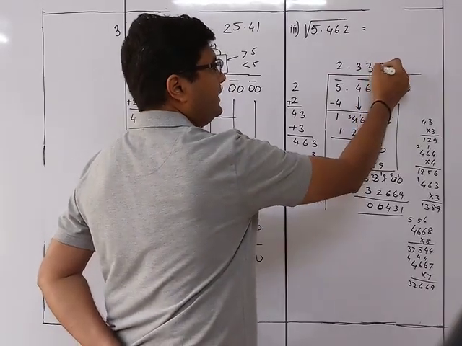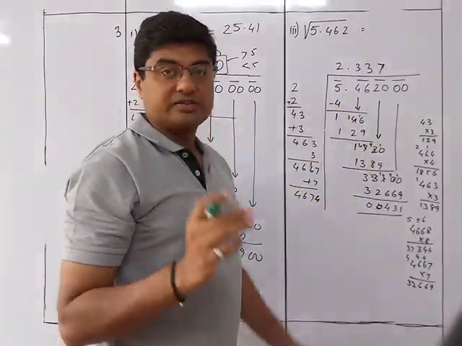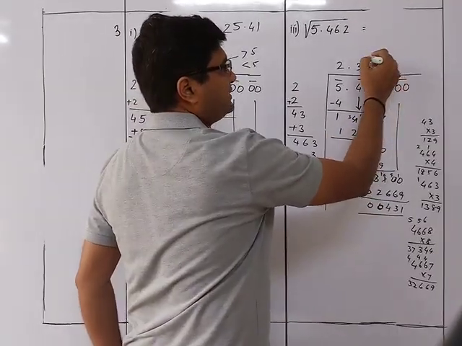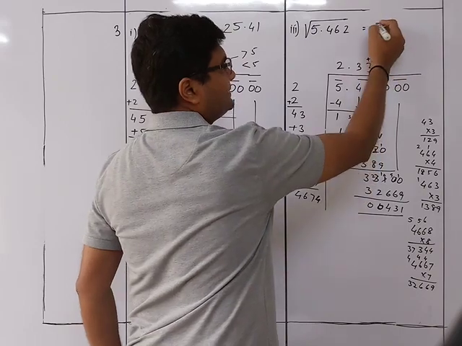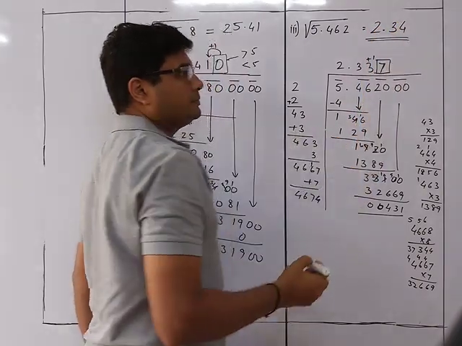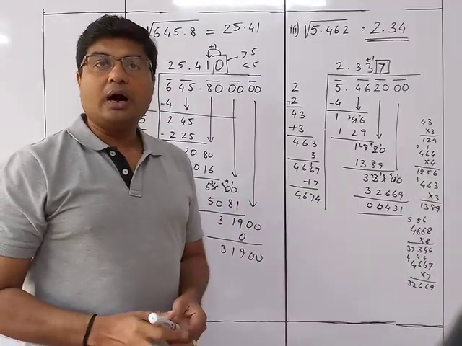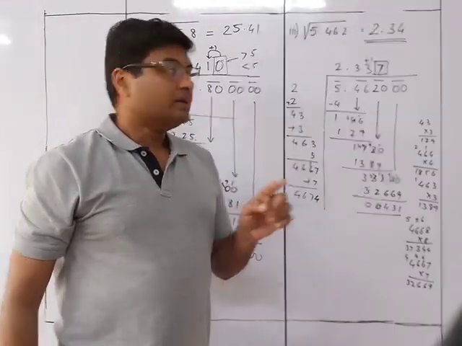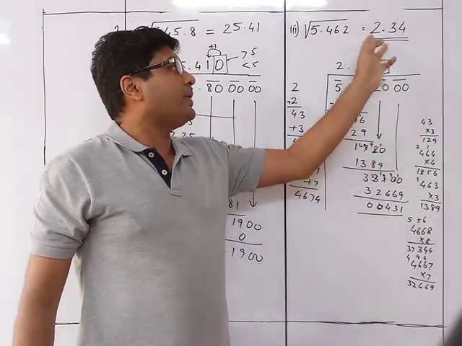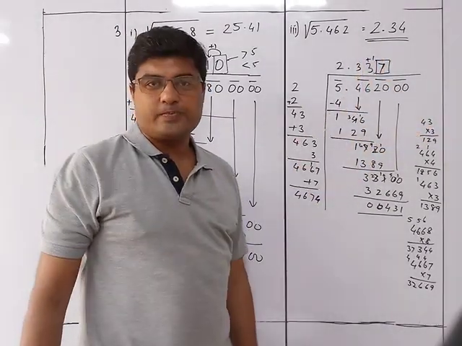So you can see that I have found out up to 3 decimal points. Now here, because this is 7, therefore this will be plus 1. So the answer will be 2.34. Understood now how that rounding off helps? See, if I would not have gone to the third decimal point, my answer would have remained 2.33.